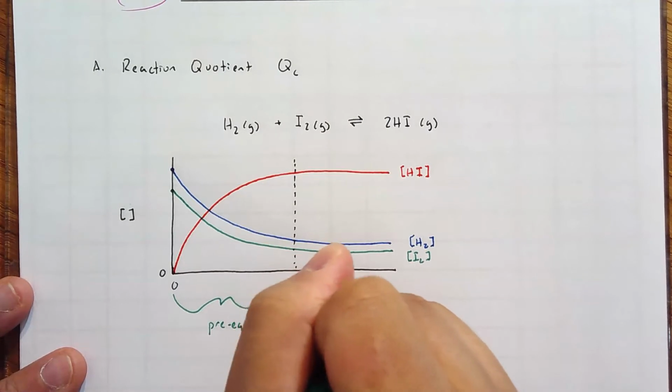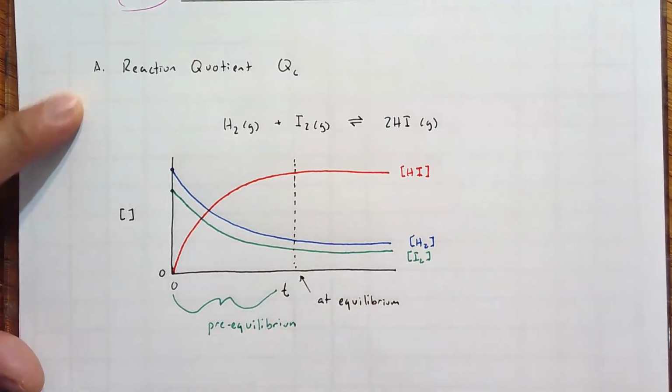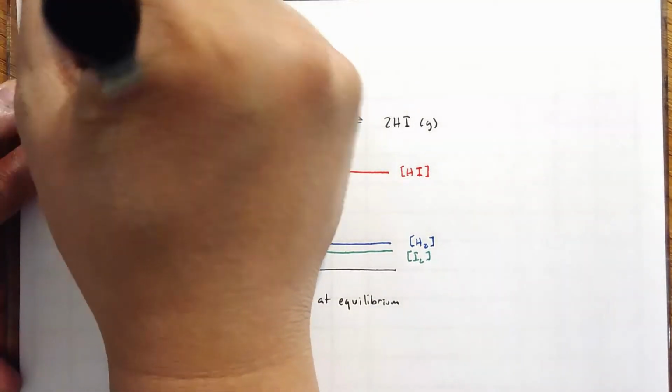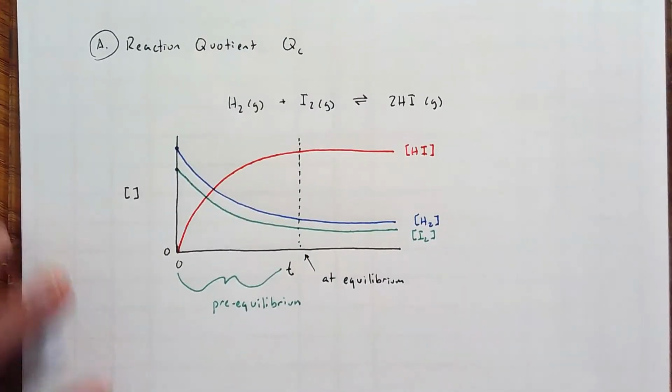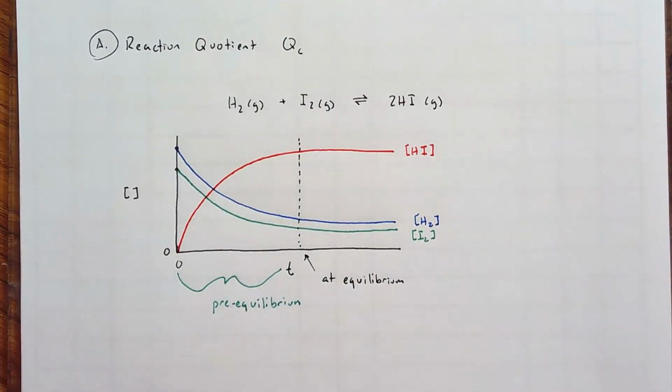So what is reaction quotient? Reaction quotient is just a way to describe the concentrations at any time. That's important.